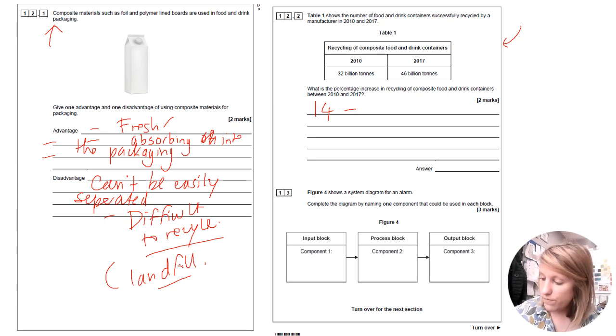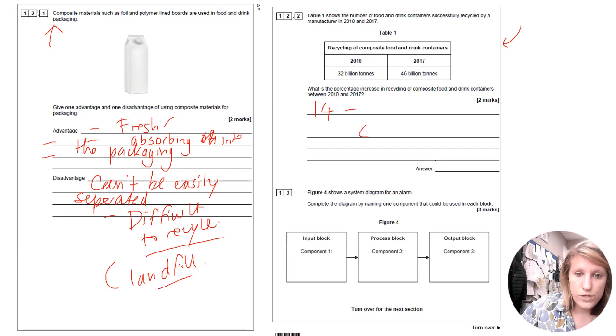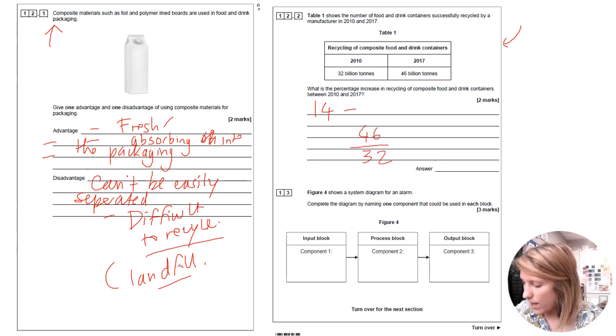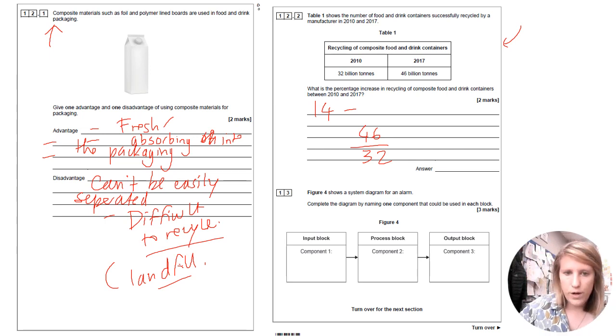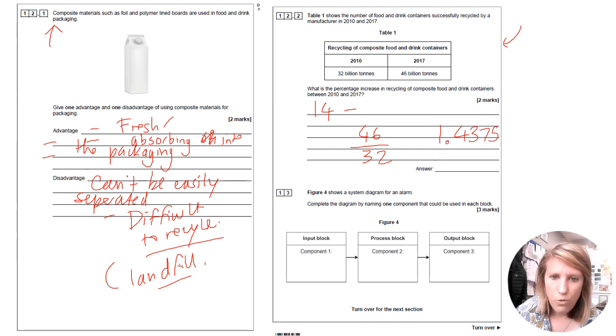So what you would do is you can do 46 divided by 32. So what that gets you is 1.4375. Okay, so what that means is the answer is basically here.